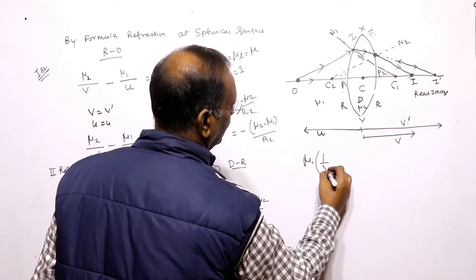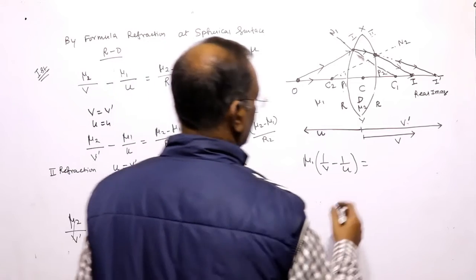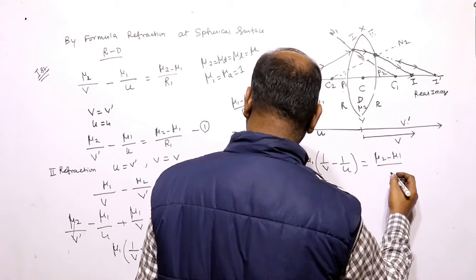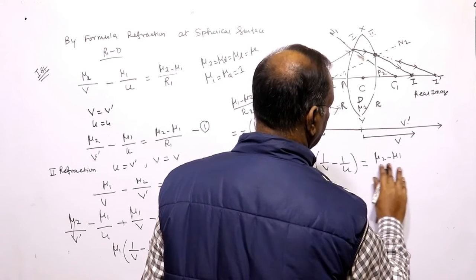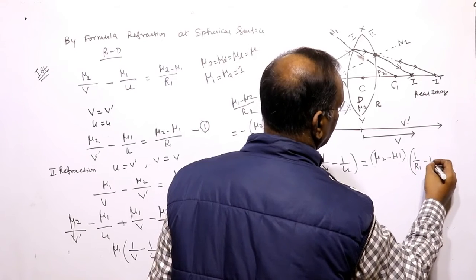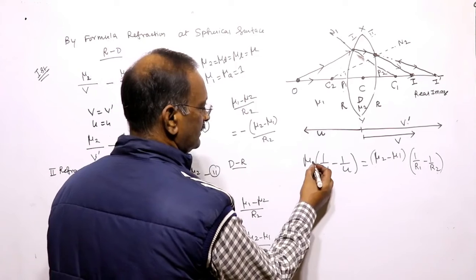When adding these two, this will become mu1 into 1 by V minus 1 by U is equal to, we can take common mu2 minus mu1 out, and this out. When we take this out, this becomes 1 by R1 minus 1 by R2. So this is mu1.